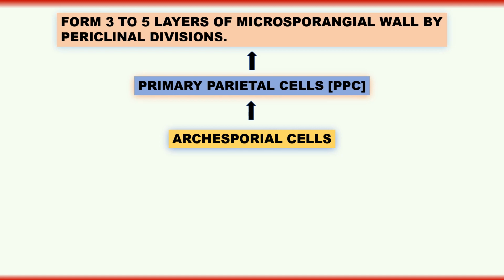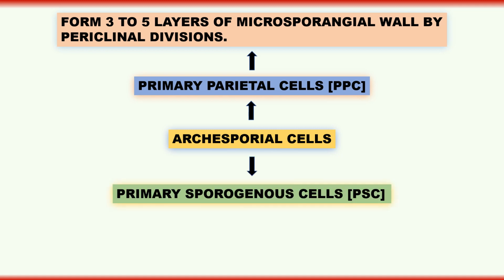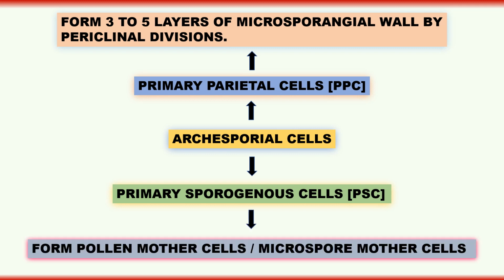And the archisporial cells formed towards the inside are primary sporogenous cells, which are further divided to form pollen mother cells or microspore mother cells.